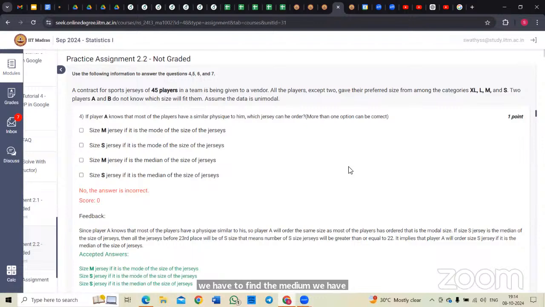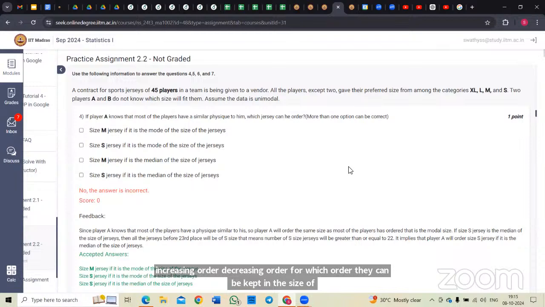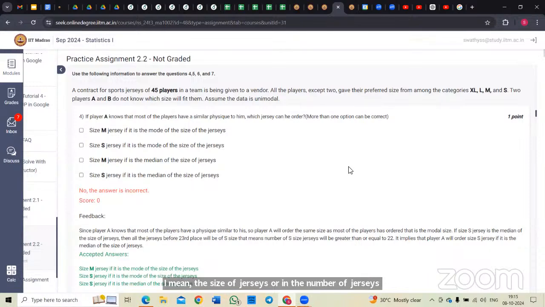For which order can they be kept, the size of jerseys or the number of jerseys, ma'am? Yeah, if you are denoting the jerseys with numbers, they can be kept in jersey number order, right, ma'am? No, they are just ordering it by the sizes.